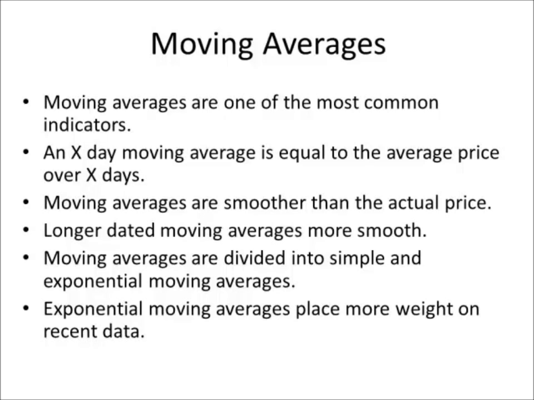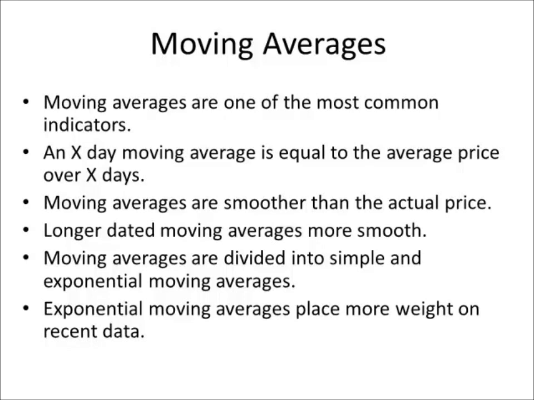And X can be any value you want it to be. So for example, a 5-day moving average is equal to the average price over the last 5 days. Likewise, a 20-day moving average is equal to the average price over 20 days.